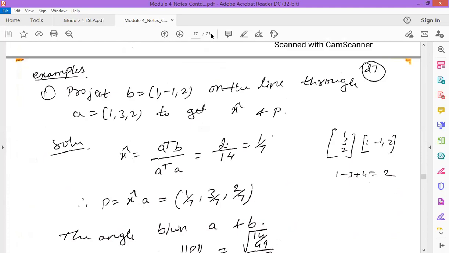First example: project B of 1, -1, 2 on the line through A of 1, 3, 2 to get X and P. So here B is a projection that is drawn on the line A. Since B is a projection, the multiple X vector is given as A transpose B by A transpose A. So here B is the projection that we have to keep in mind.